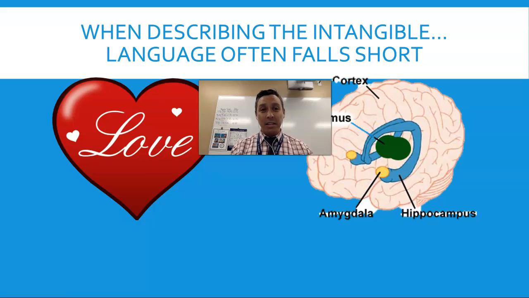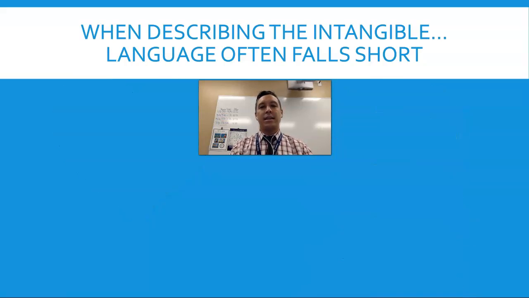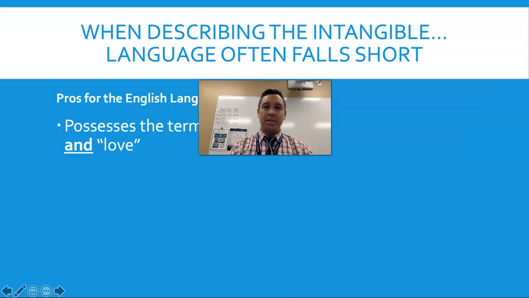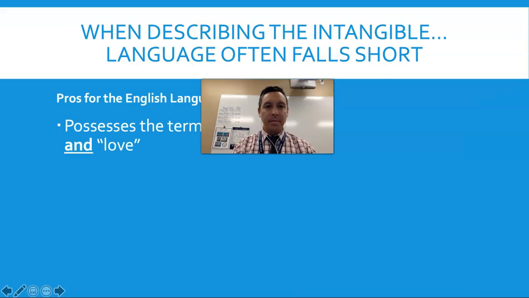That's not really representative of what we're feeling when it comes to love. So language, no matter what, is going to fall short of transcendent experiences like love. And so it shouldn't surprise us that the English language is not a perfect tool.